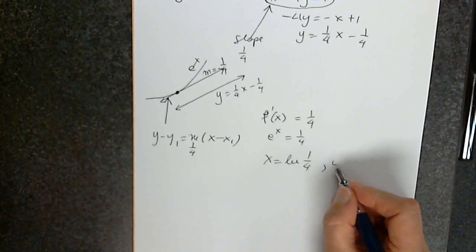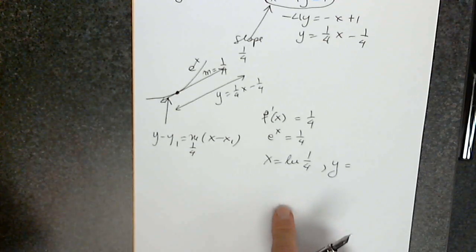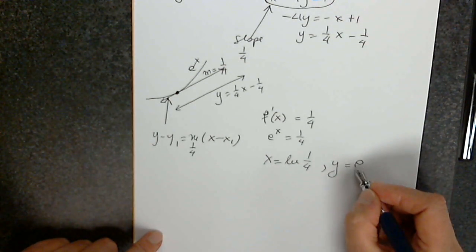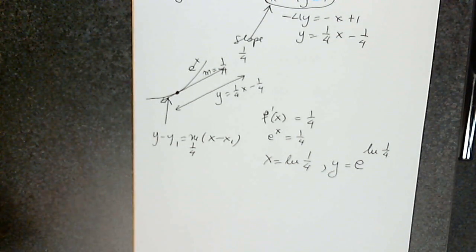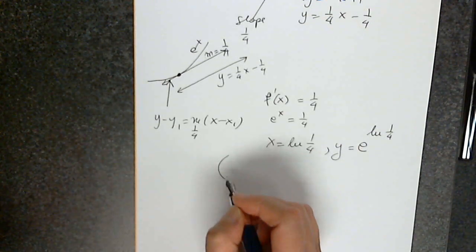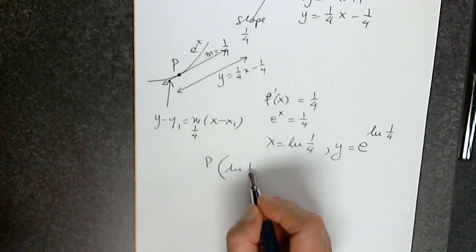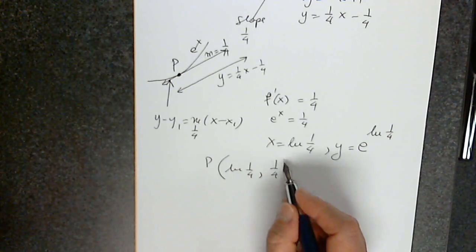Now the question is, how much is y? The y coordinate of this point. So I have to plug this point into e to the x. So the coordinates of this point, I'm going to call it P: natural log 1/4, comma. Very good.